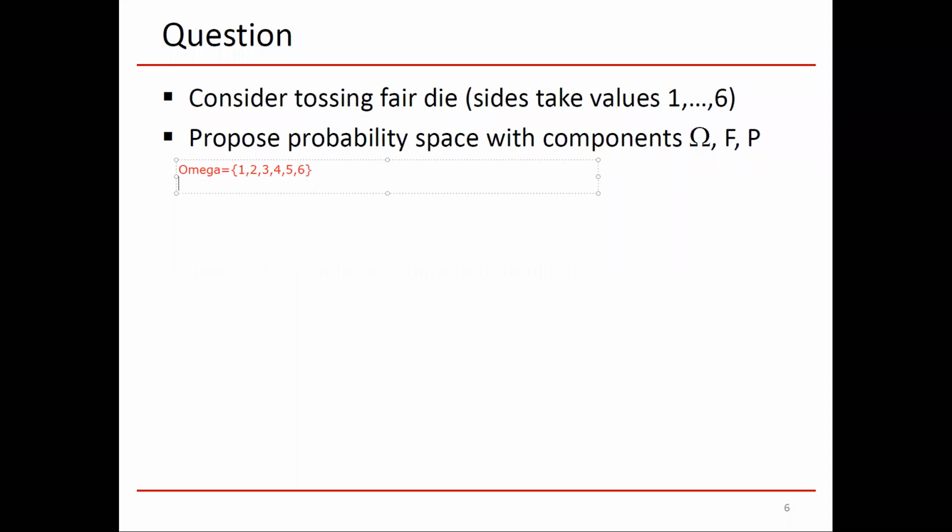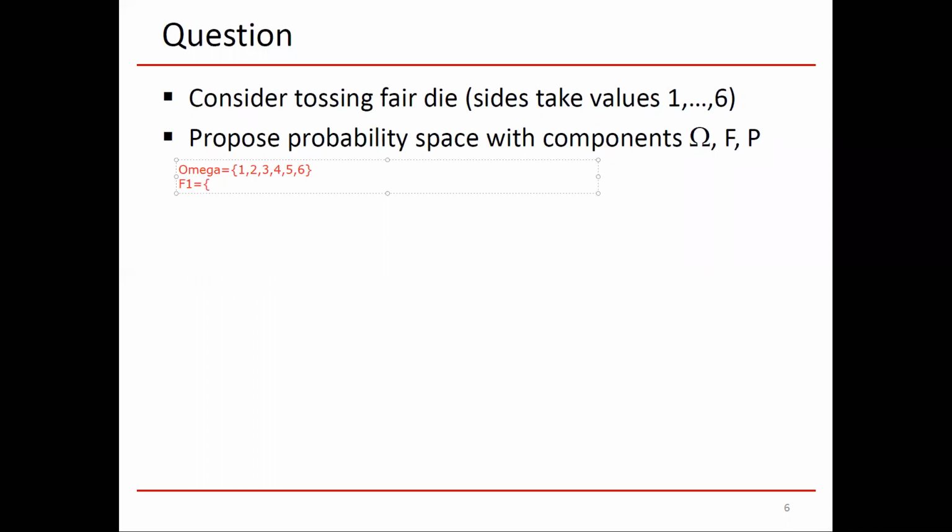And then F is a field of events, and events are subsets of omega, right? So you could say to yourself, oh, there's a single solution here, but actually there are different solutions. And let me illustrate 2 solutions.